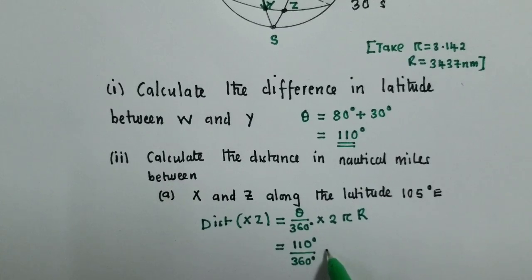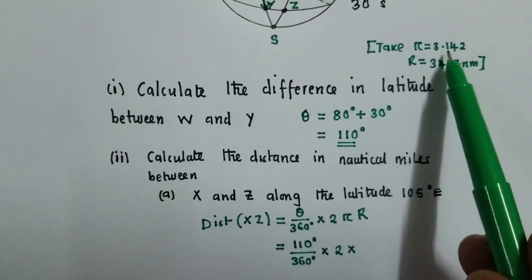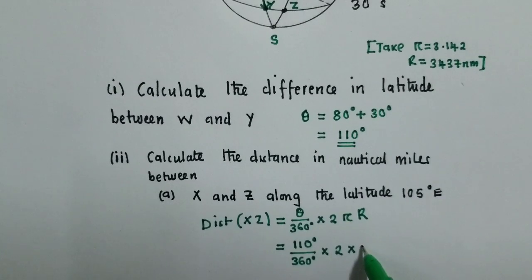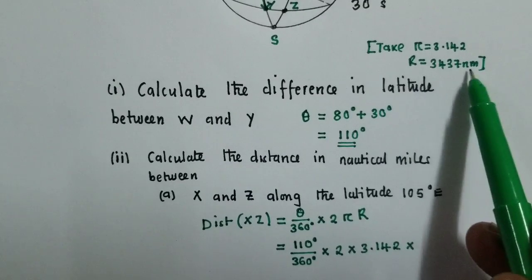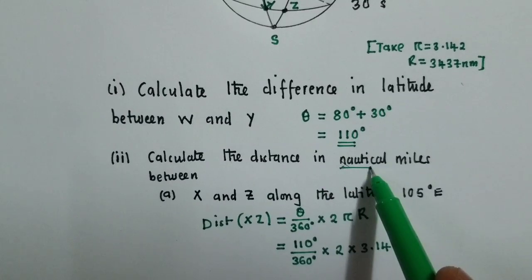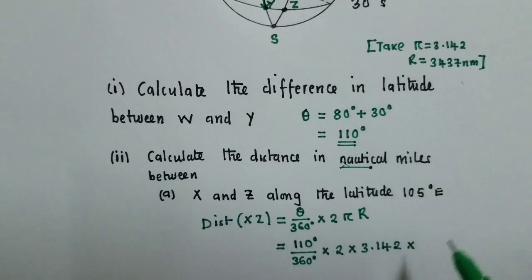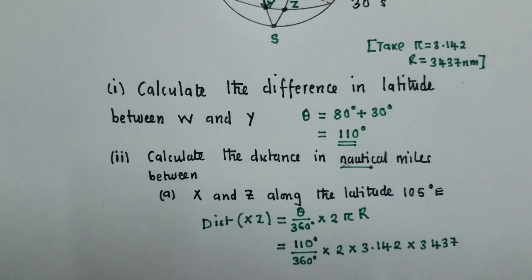360 degrees times 2 times pi, we've been given here, it's 3.142, times R. Our R here, it's in nautical miles. Remember, nautical miles, NM. So our R this time around, it's 3437, like this.